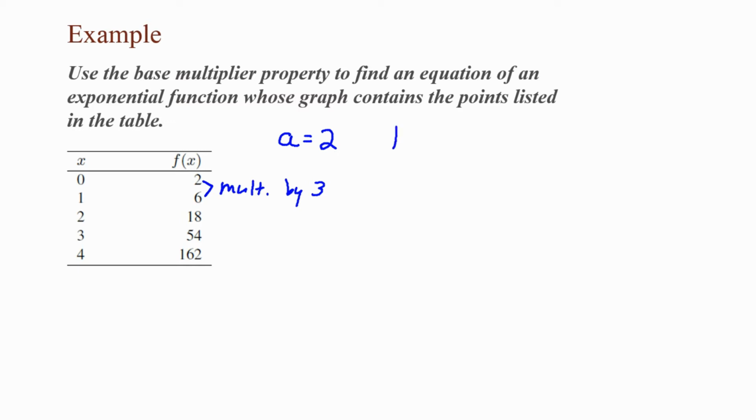So that means our b is equal to 3. That means our equation, f of x, will equal 2 times 3 to the x power. You can always check your equation by substituting the values of x in for x and see if our result matches our table.